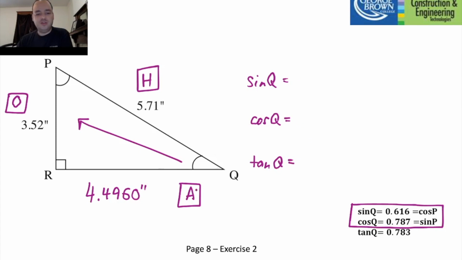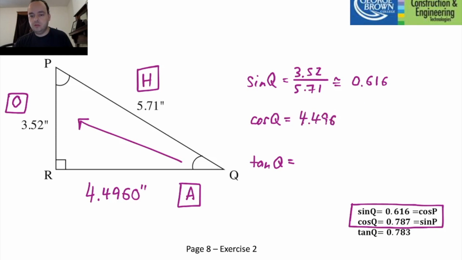So sine Q is the opposite, which is 3.52, over hypotenuse, which is 5.71. And when you do that, you get 0.616. And then cos Q is adjacent over hypotenuse, or 4.4960.